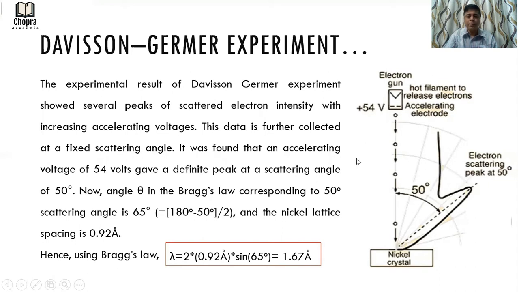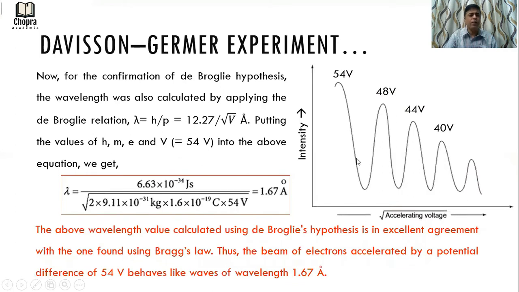So you see here in the next slide, for the confirmation of the de Broglie hypothesis, the wavelength was also calculated by applying the de Broglie relation, which is lambda equals 12.27 by root of V angstrom. Putting the values of h, m, e and V, which is specifically 54 volts in this case, into the above equation, we get lambda equal to 1.67 angstrom.